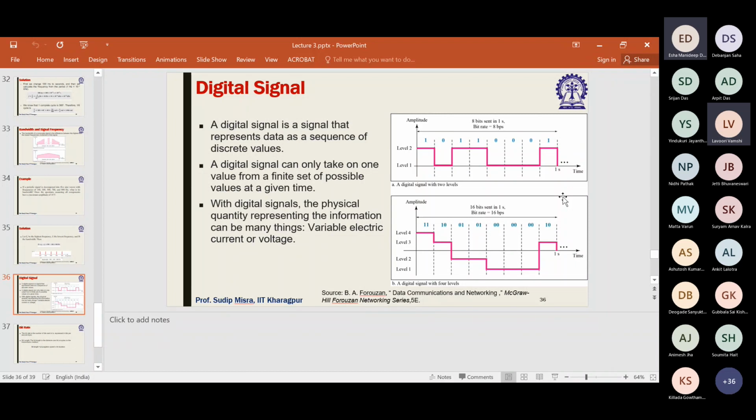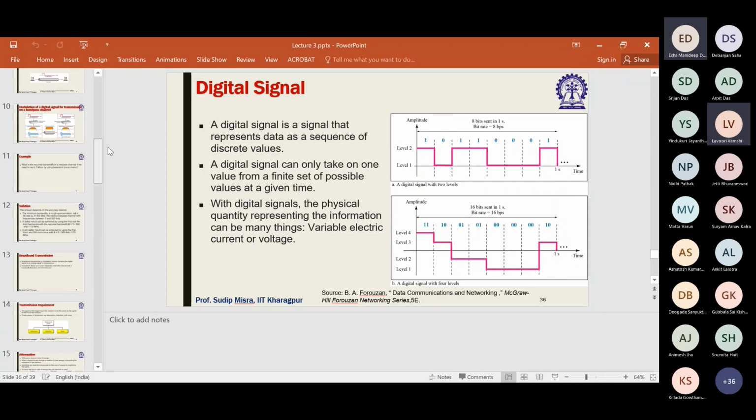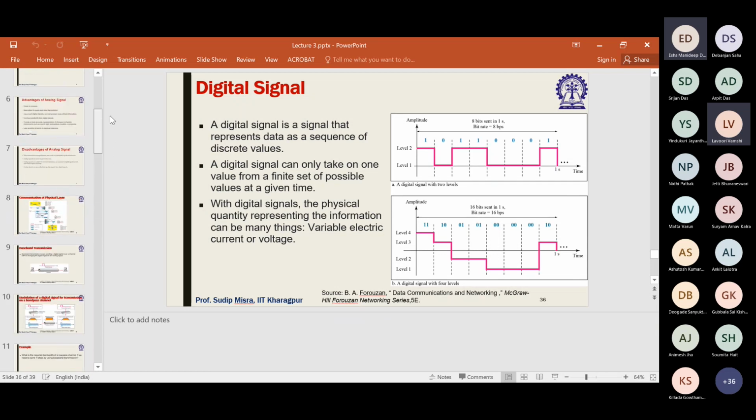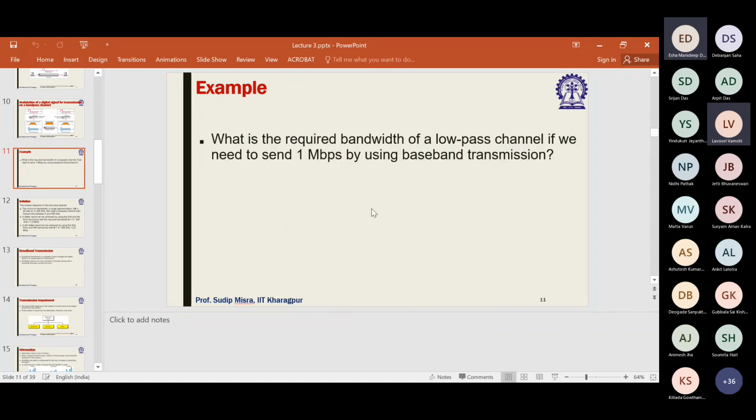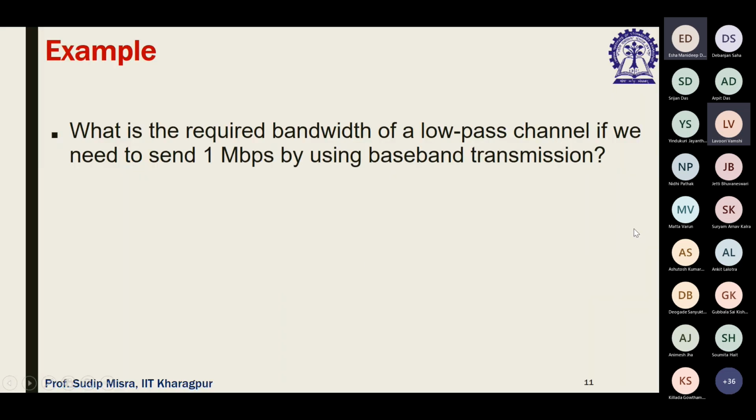So now let us go back and try to understand whatever I was doing over here. Now you see that the required bandwidth is n by 2, right, through some approximation.